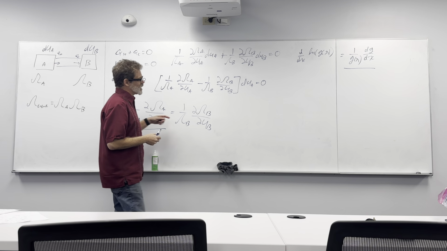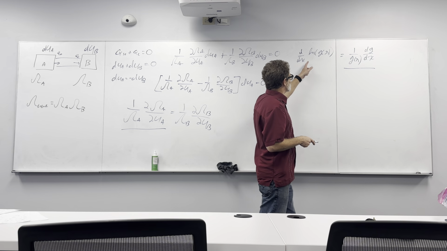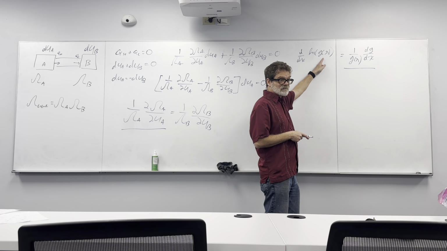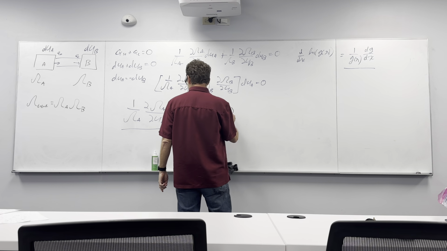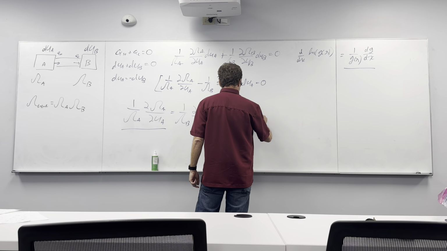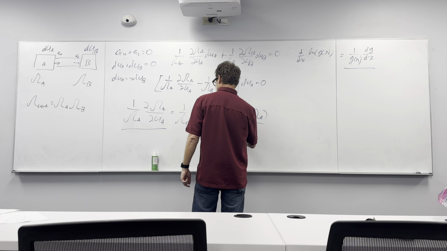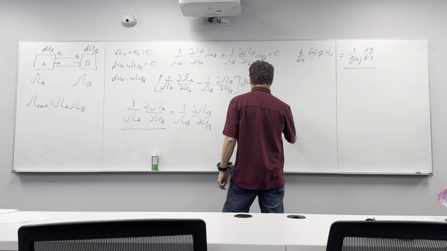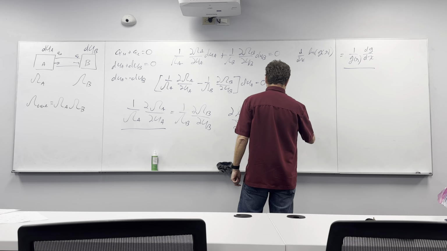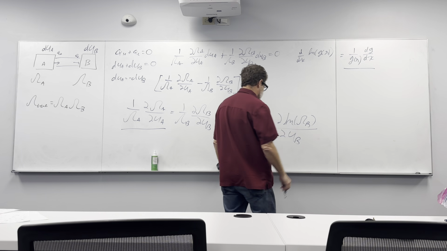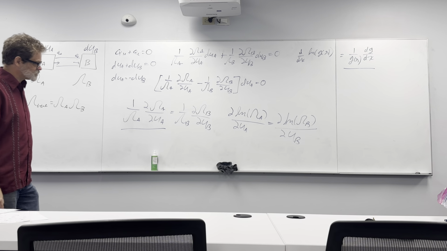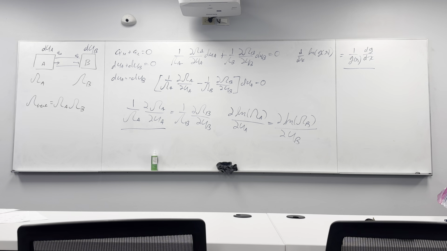So I can write this as the derivative of the ln. I can write this equation as the derivative of the ln of sigma A with respect to UA is equal to the derivative of the ln of sigma B with respect to UB. Right? Ooh, we saw ln of sigma before, didn't we?